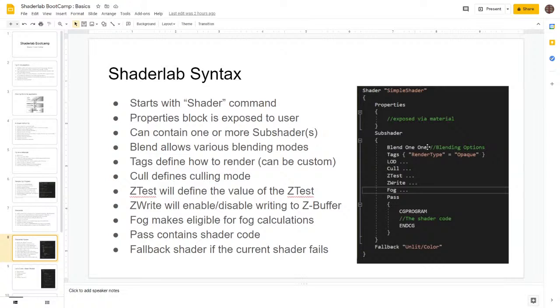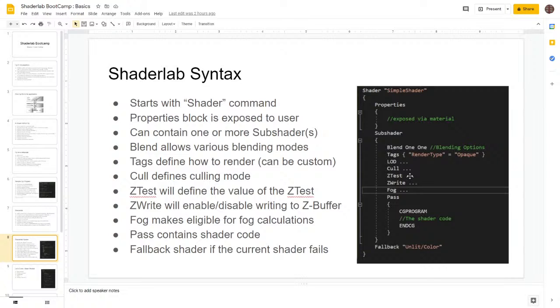Then we have blending commands, tags, and lots of other commands like LOD, level of detail, culling, and whether you want to cull back faces or not. Z-test: if you give a z-test value of always, it will always render on top of whatever objects you have. Then z-write, which means you want the information to be written to the depth buffer.